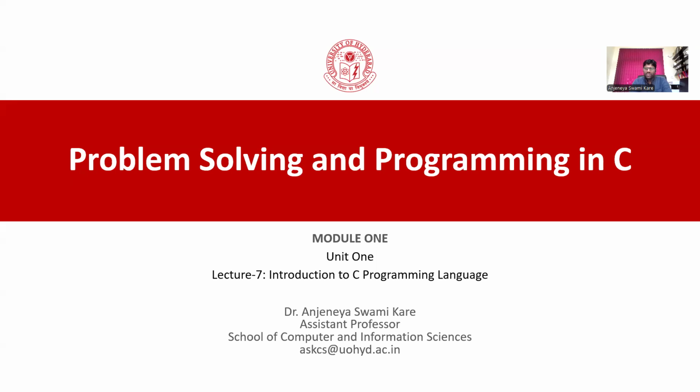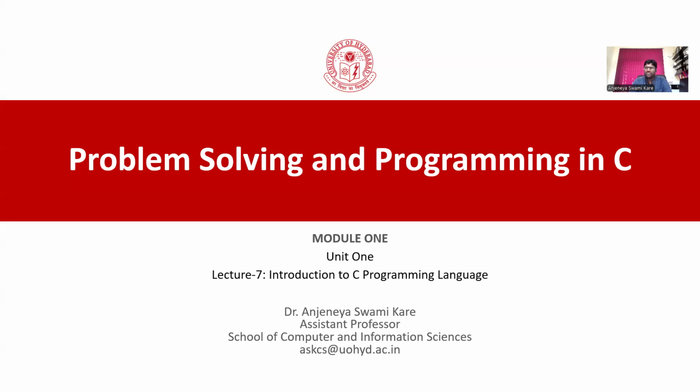In this lecture, we will see a little bit of history of the C programming language, and what the organization of a C program is. What are the main ingredients of a C program? How to form expressions, how to take input and produce output, and we'll also see sample C programs.